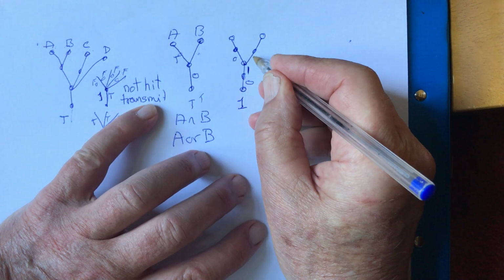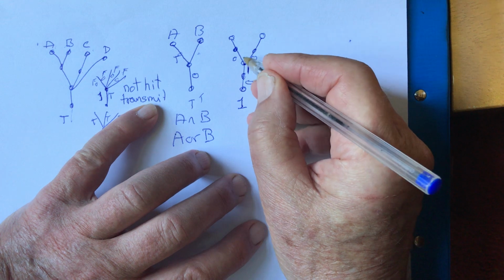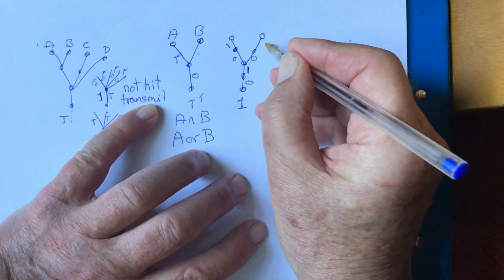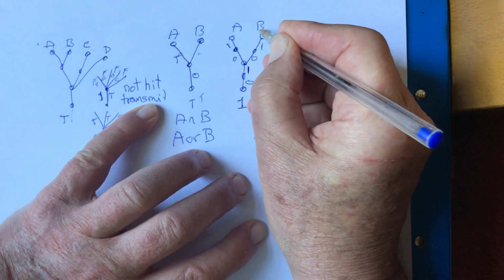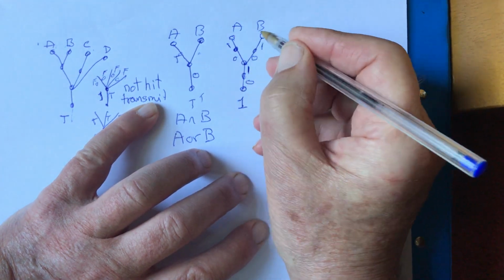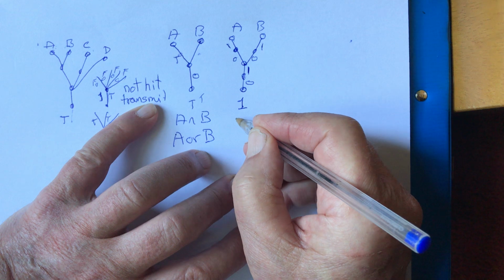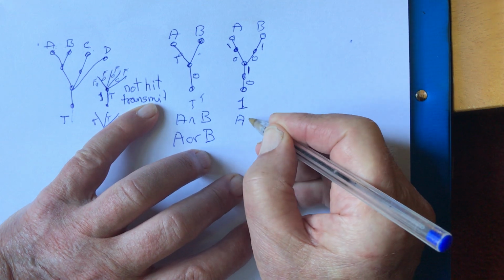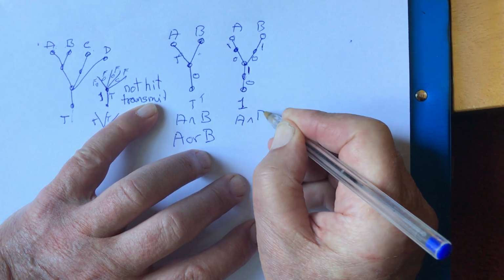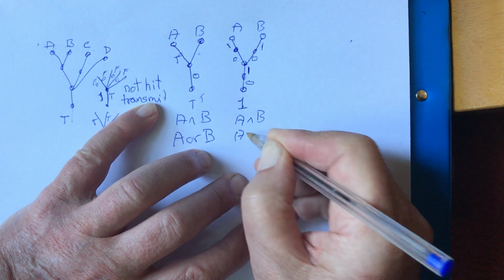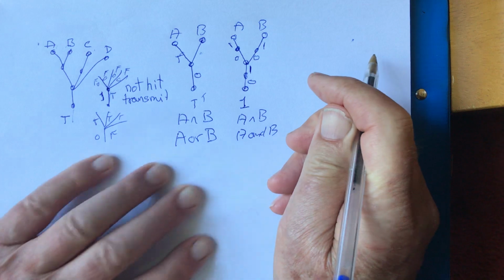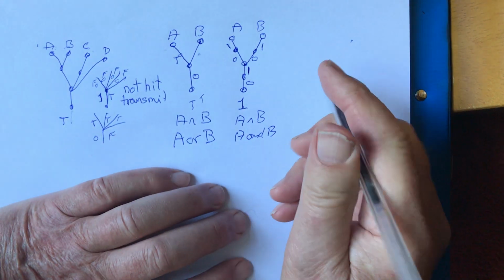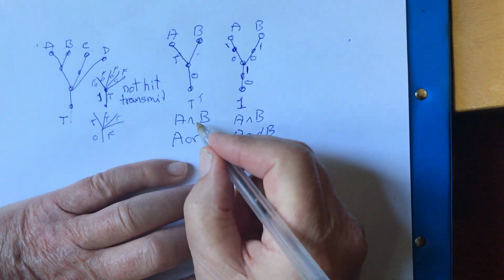Everything must have been false. False coming down. Everything in must have been true. So now, if truth comes out, A and B are true. So this is saying A and B. So that tree says A and B, this tree says A or B.